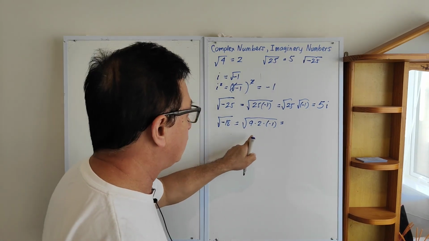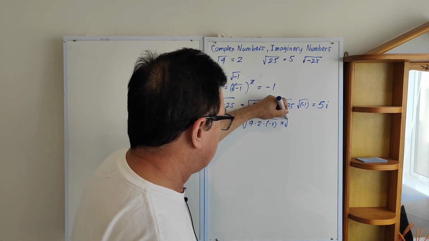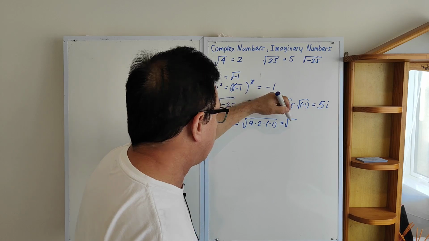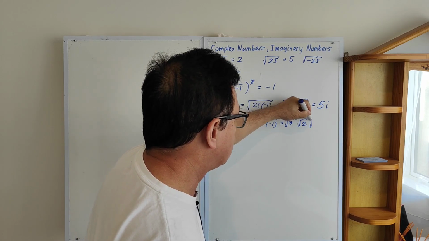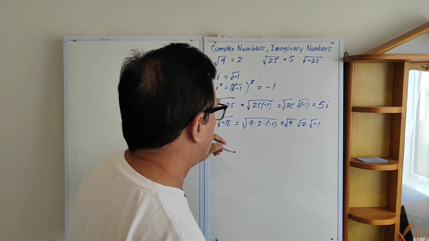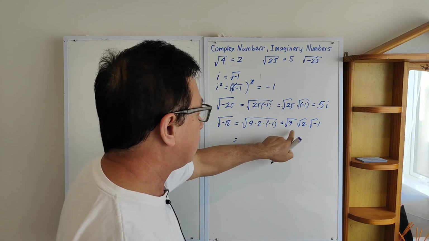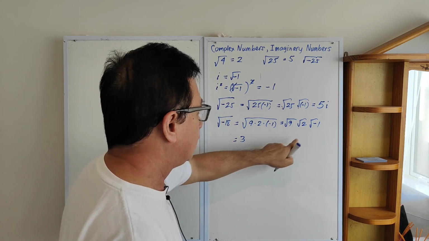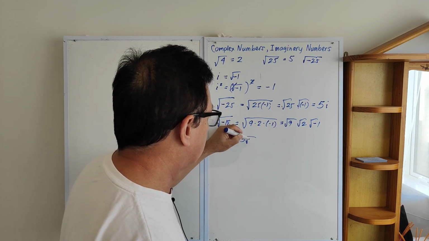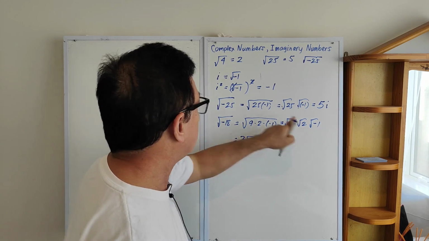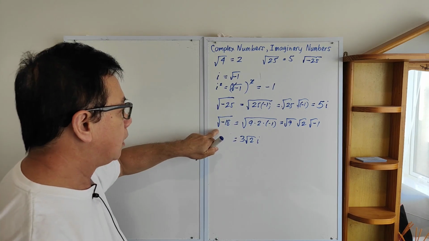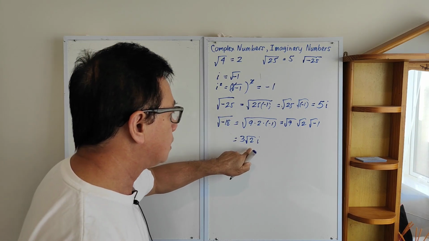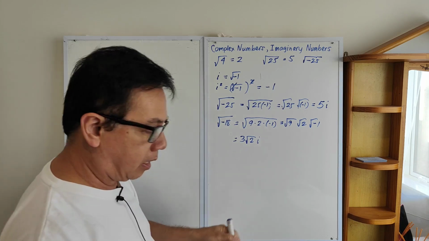So we separate into radicals: the square root of 9 times the square root of 2 times the square root of negative 1. Now the square root of 9 is 3. The square root of 2 is still the square root of 2, but the square root of negative 1 would now be i. So the square root of negative 18 is now 3 square root of 2 i.